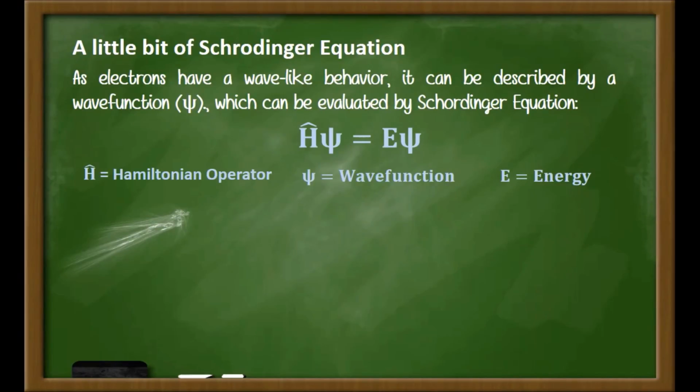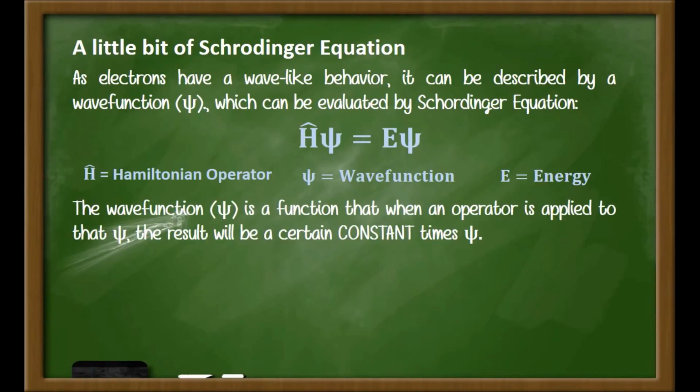To be able to describe the wave-like behavior of the electron, the wave function psi needs to comply with certain requirements, and one of those requirements is that when the Hamiltonian operator operates onto the wave function psi, the result of that mathematical operation needs to be the same wave function psi times a certain constant.